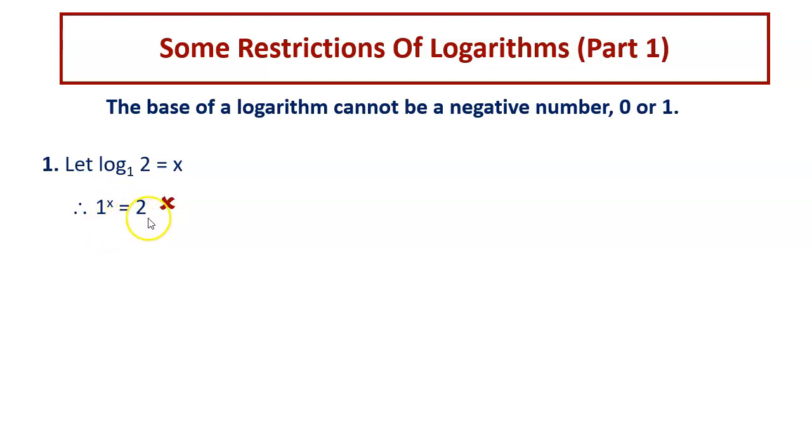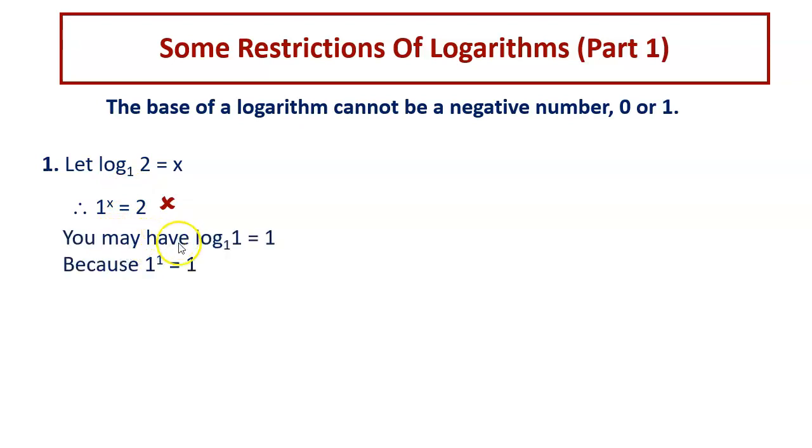The answer is always 1, no matter the value of the power. So you cannot have this type of equation. This is not a valid equation. 1 raised to any power is equal to 1 and not 2. Therefore, you cannot have 1 as the base of any logarithm.